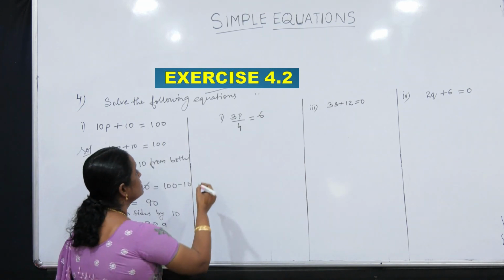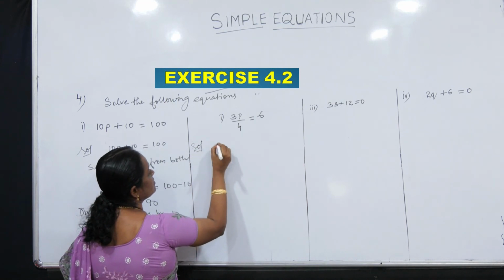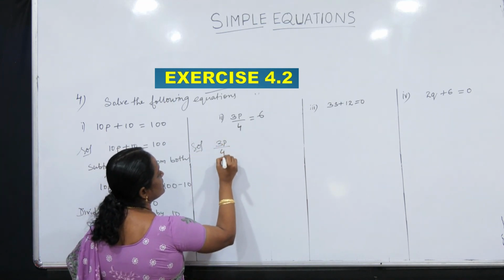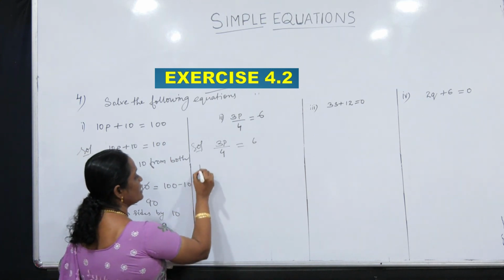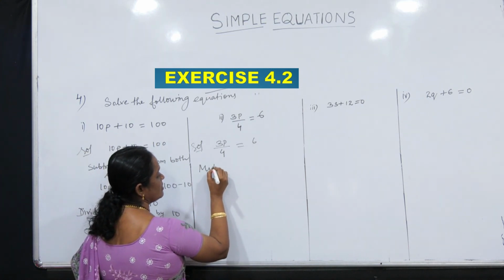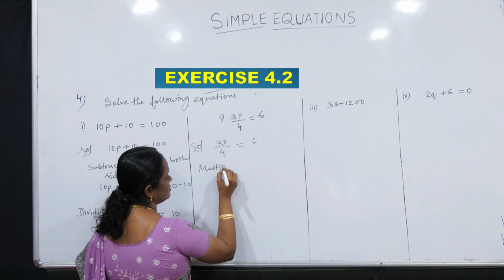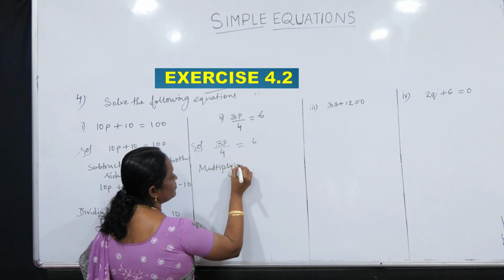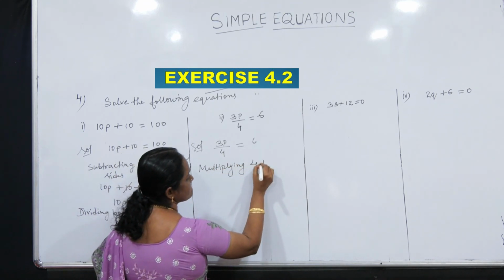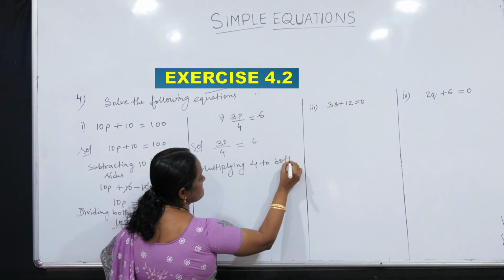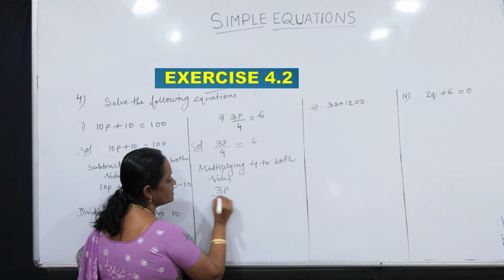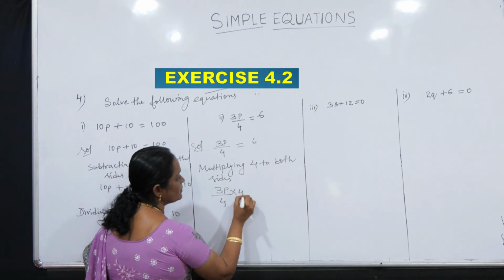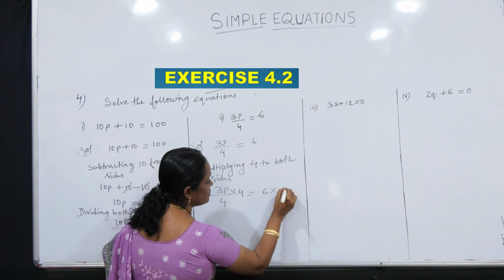Next question, it is 3p by 4 is equal to 6. The first step will be multiplying 4 to both sides. 3p divided by 4 into 4 is equal to 6 into 4.